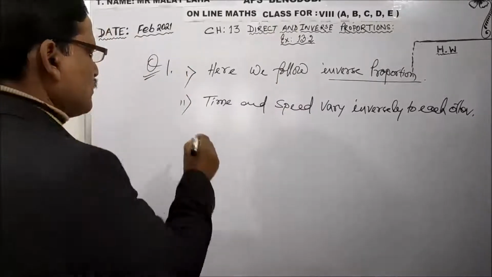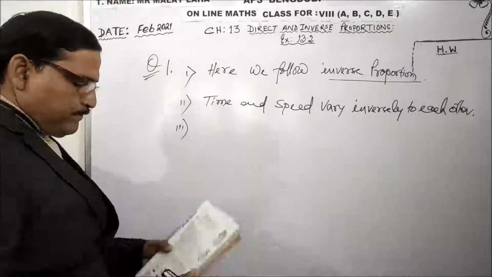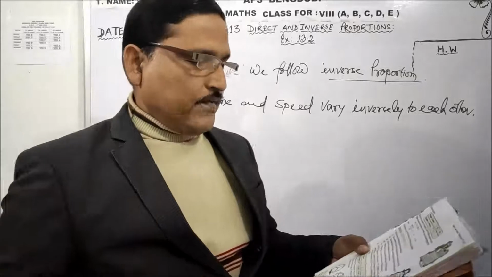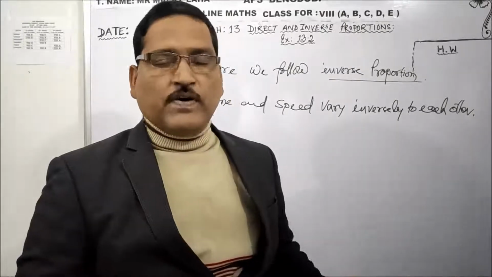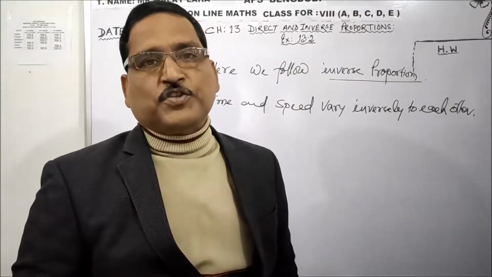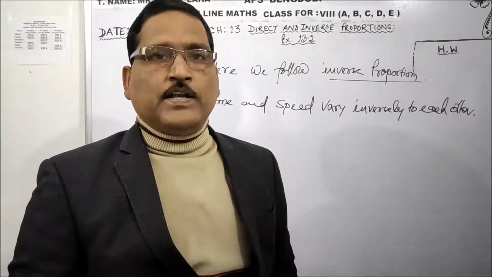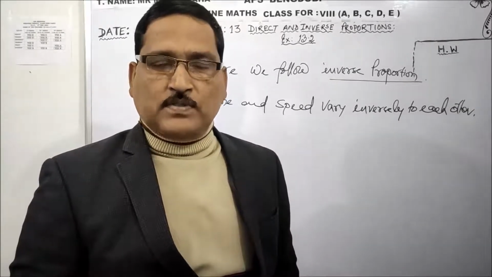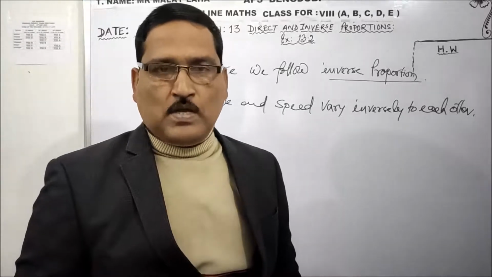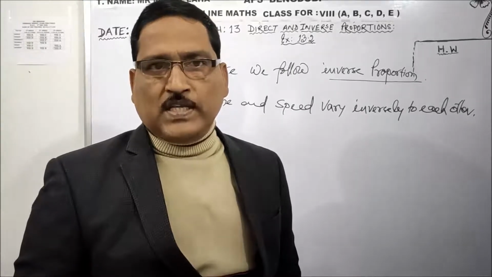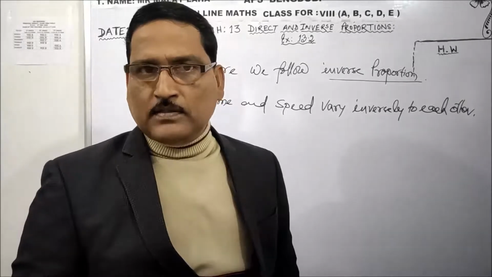Okay. Now question number three, third part: area of cultivated land and the crop harvested. What is this situation? Suppose you have 1 acre of land and you are cultivating some type of crop. You have got a certain amount of crop. Now if I give you 3 acres of land instead of 1 acre, will you get less product?